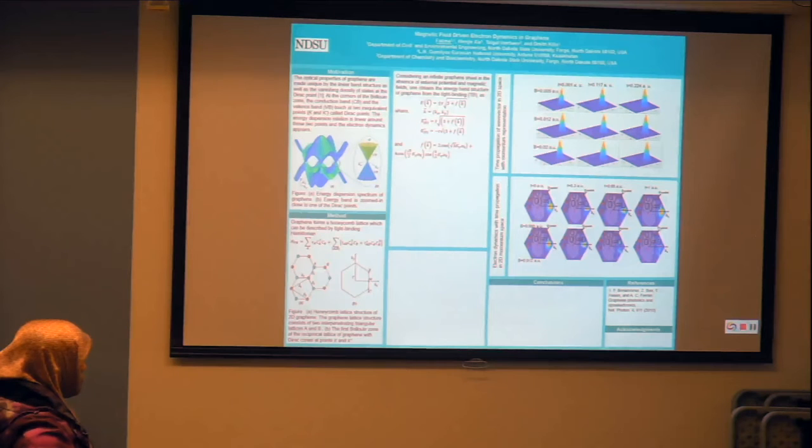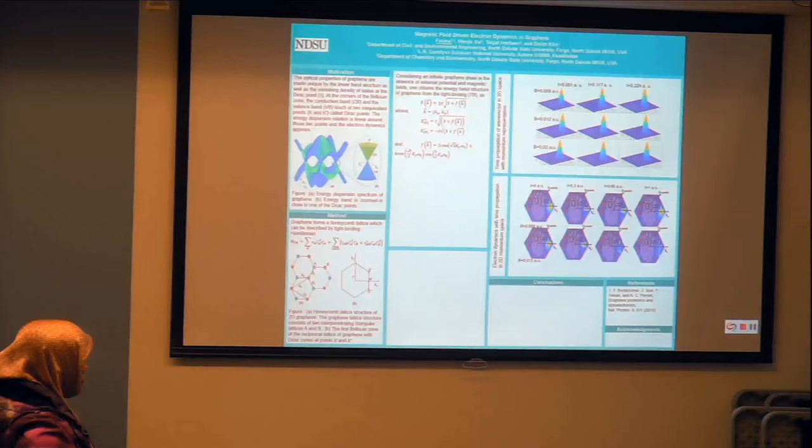As soon as the unperturbed Hamiltonian is set up, Fatima is numerically solving the time-dependent Schrödinger equation for a wave function that depends on momentum in x, momentum in y, and time.